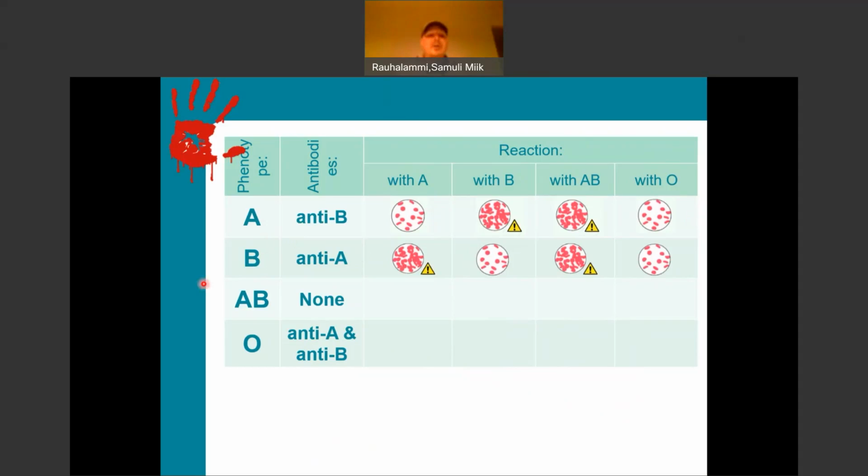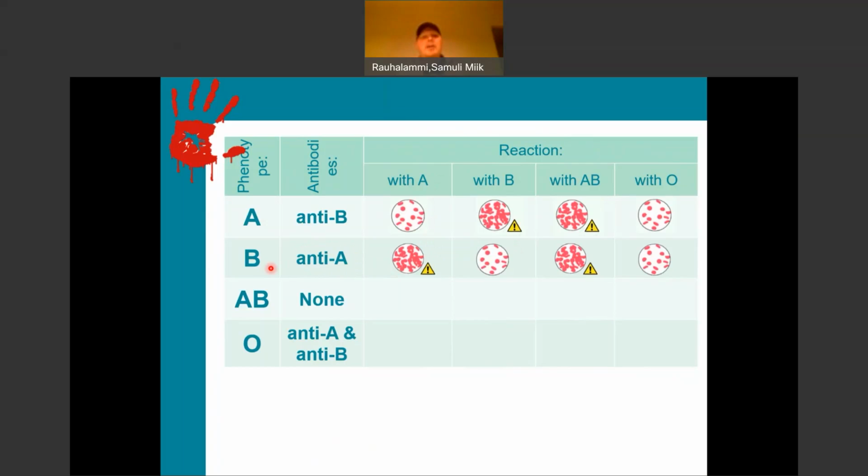So therefore, if you donate blood to an individual whose blood type is B and your blood type is A, now the recipient's plasma, where the antibodies for anti-A are, is going to react with your A antigens on the surface of your red blood cells. So there's going to be an agglutination reaction.